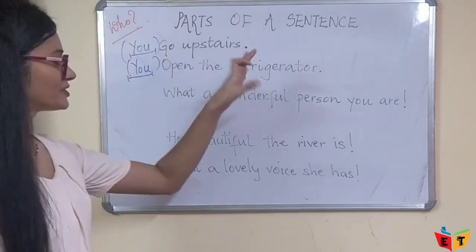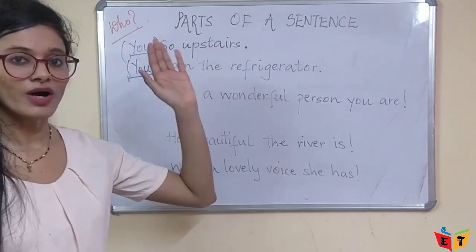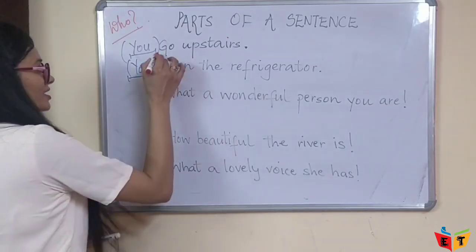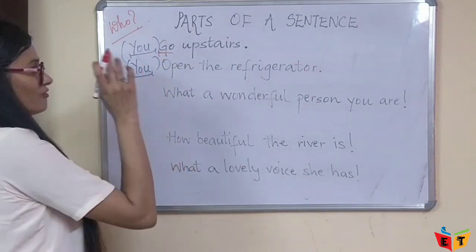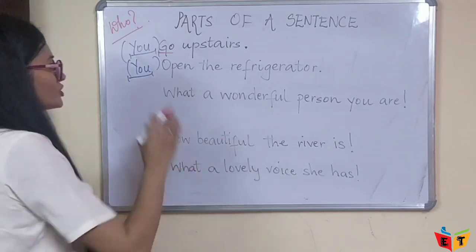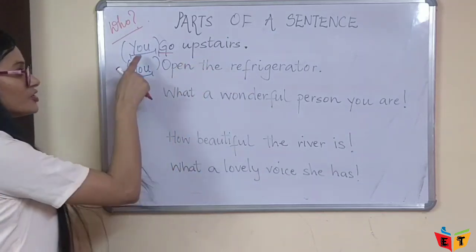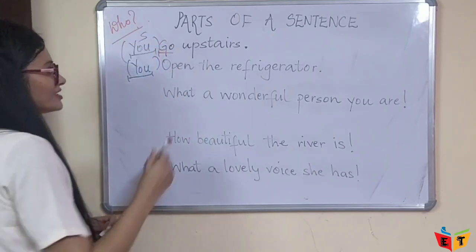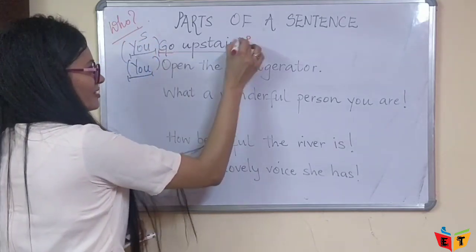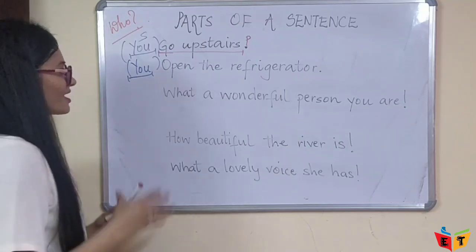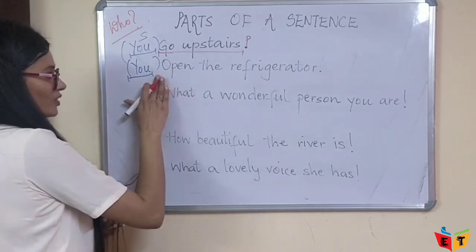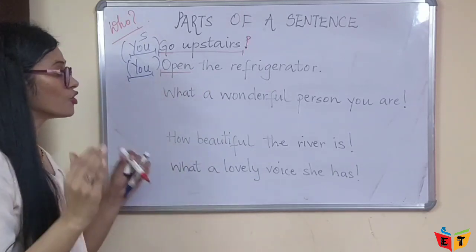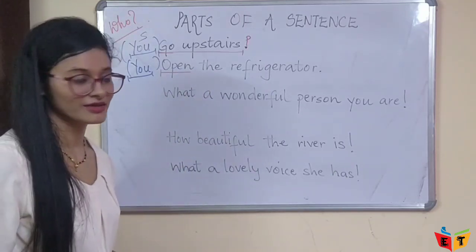So when I say go upstairs, it is you go upstairs. So what's here the verb? The verb is go. So let's ask the question who. So who go upstairs? You go upstairs. So you is your subject and go upstairs is your predicate. Similarly, what's the verb here? Open. So who opened the refrigerator?